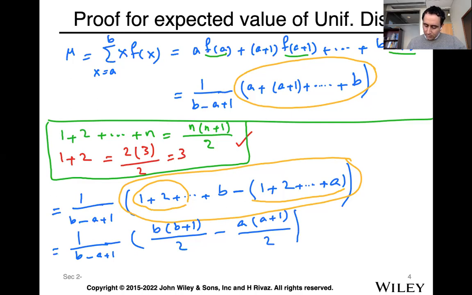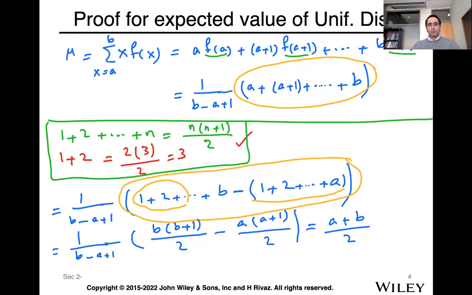I'm not going to do the rest because the rest is super trivial. You write out and expand these terms, and you get the same term here and here, they cancel out, and at the end you get a plus b divided by 2. Any questions?